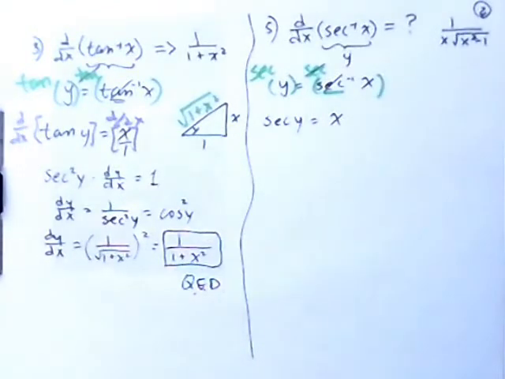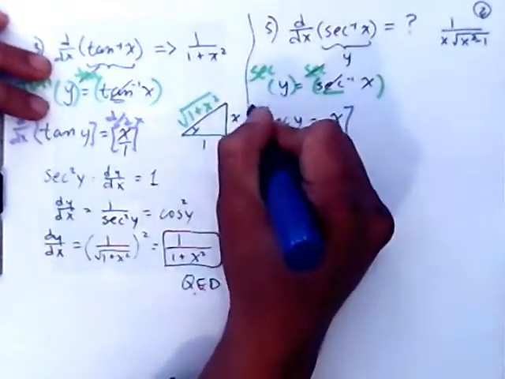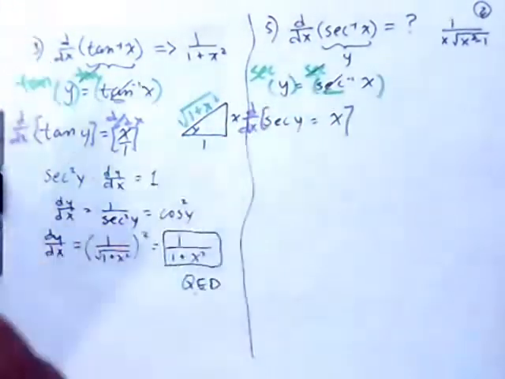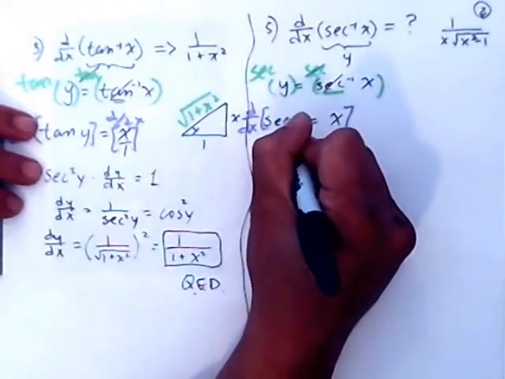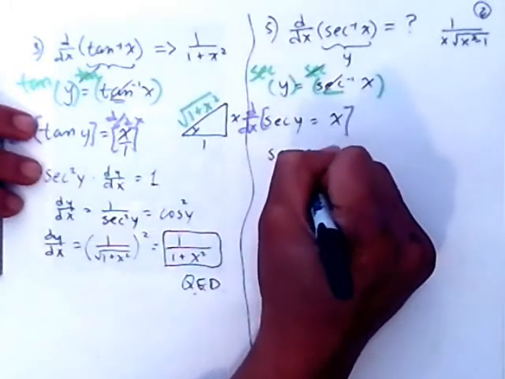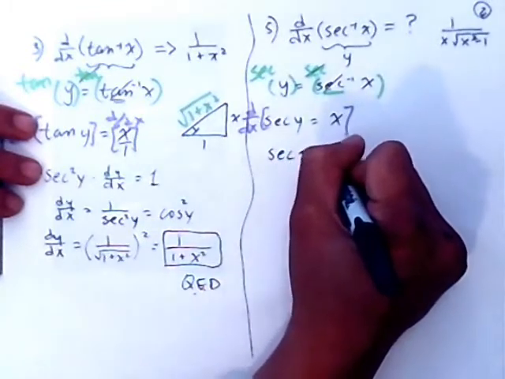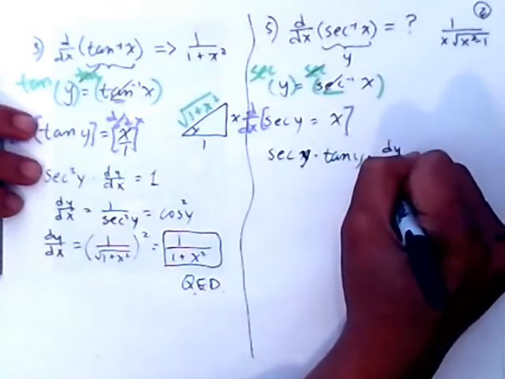And we do the same thing again. We take the derivative with respect to x. And you end up with the derivative of secant is secant of y times the tangent of y times dy dx.